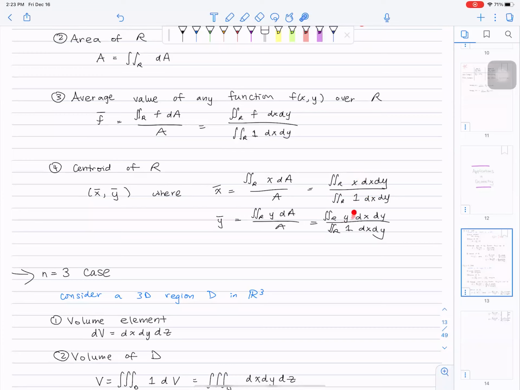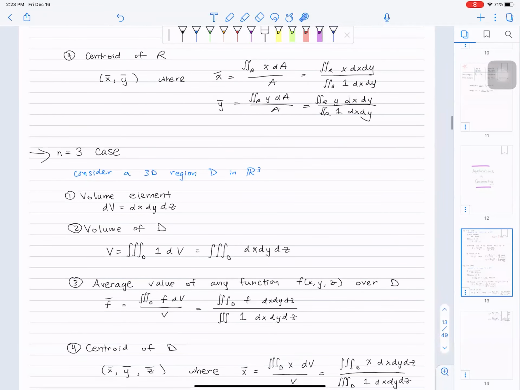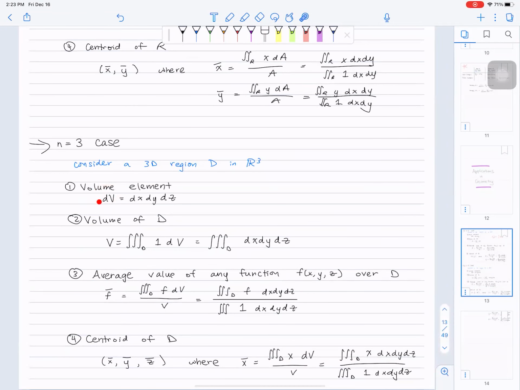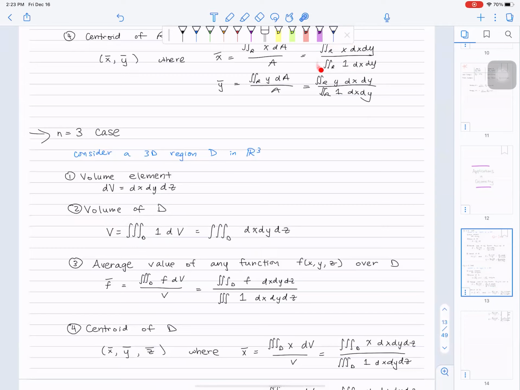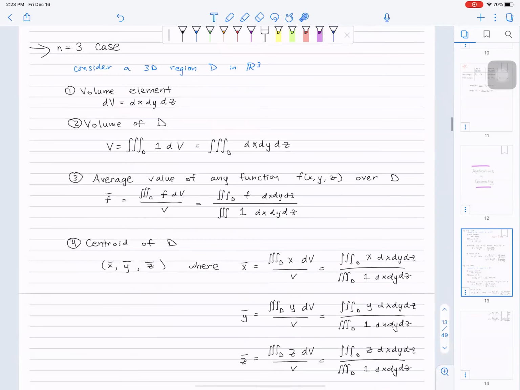And for the y centroid, you put a y in the integrand. Then for the 3D case, we have the volume element. If we integrate that volume element, we get volume. We have the average value for triple integrals. And we also have the centroid for the 3D version. It's the same formula, just with an extra z bar.